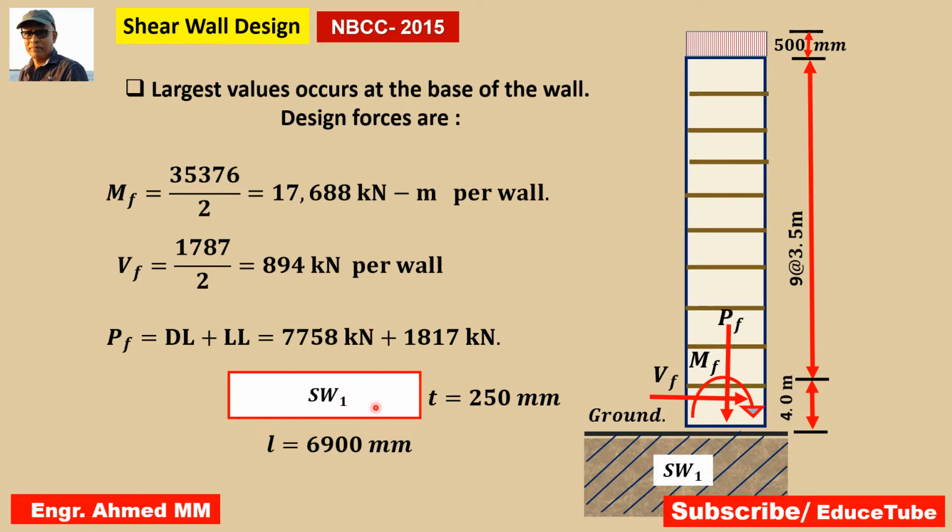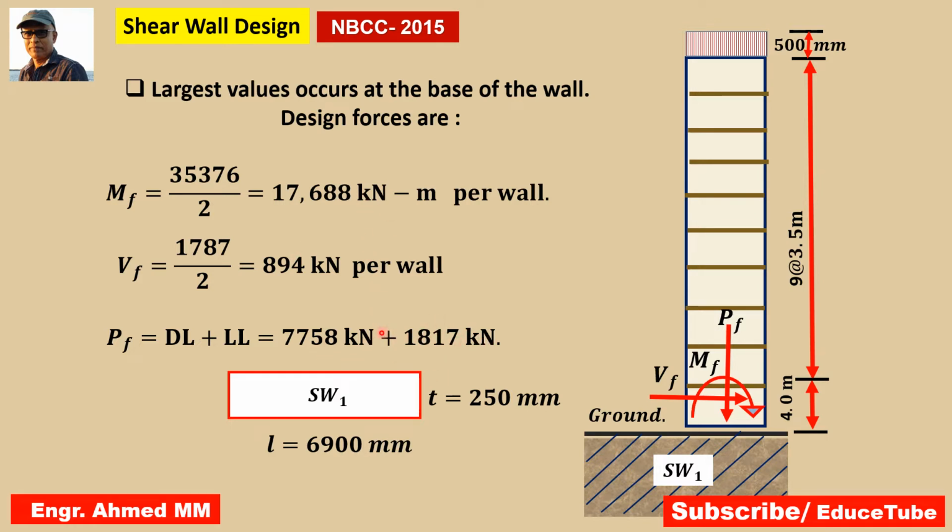And the shear wall number 1, thickness equal to 250 millimeter and length equal to 6900. How it comes, I showed in my second video on shear wall design. So let's move on, taking all these.